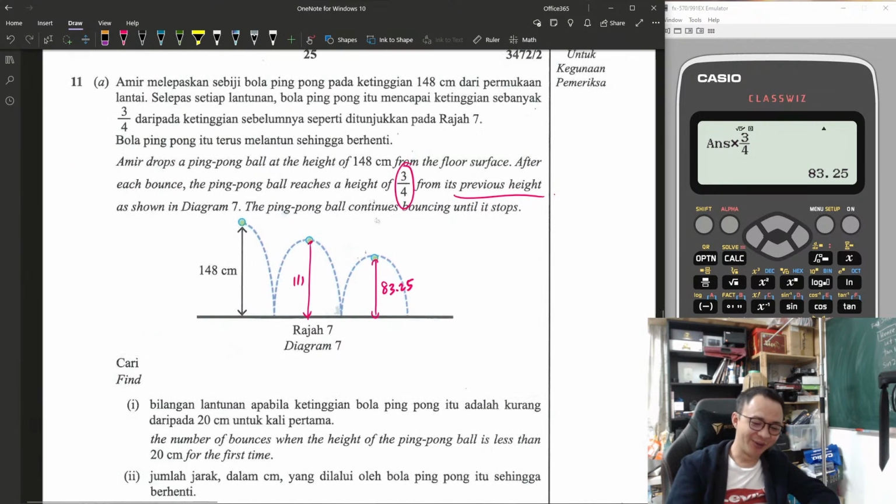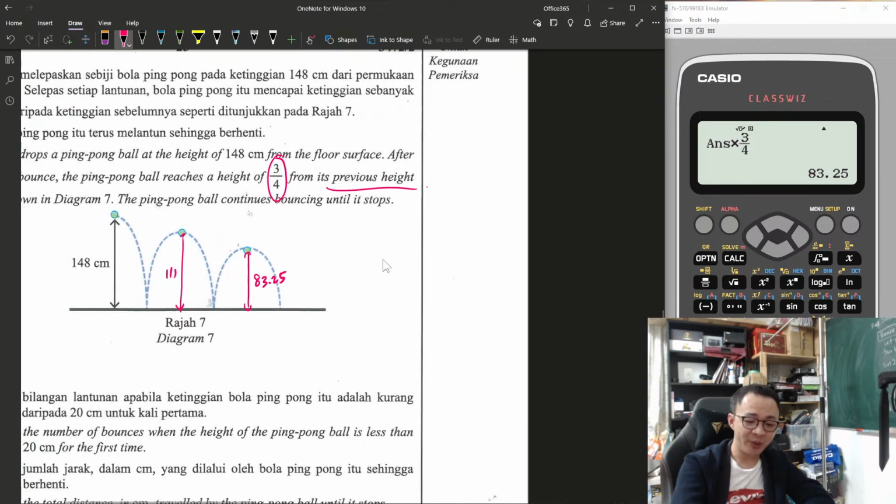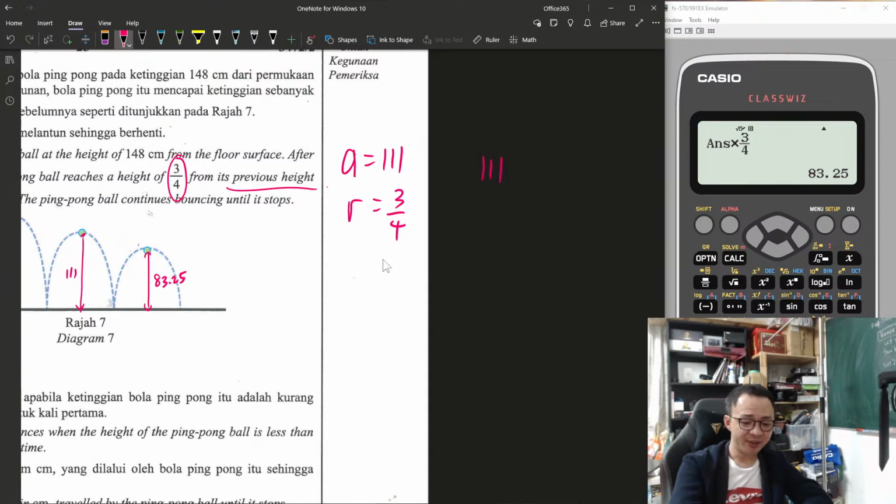Okay, so let's find this one. They ask us to find the number of bounces when the height of the ping pong ball is less than 20 centimeters. So it doesn't say about drop, it says about bounce back. So my first bounce will be 111, isn't it? So my a will be 111, my r is 3 over 4. First term is this one, a.